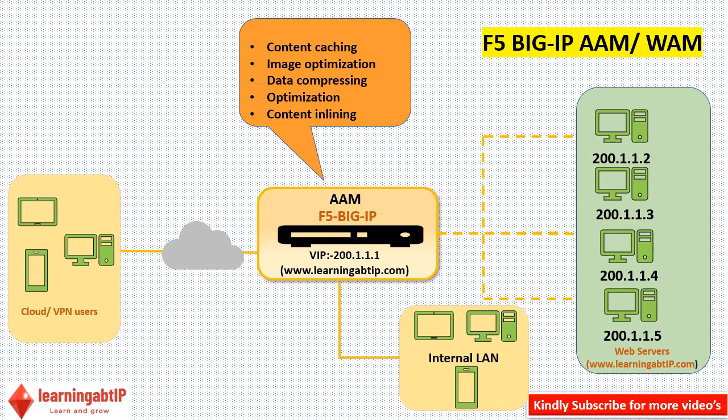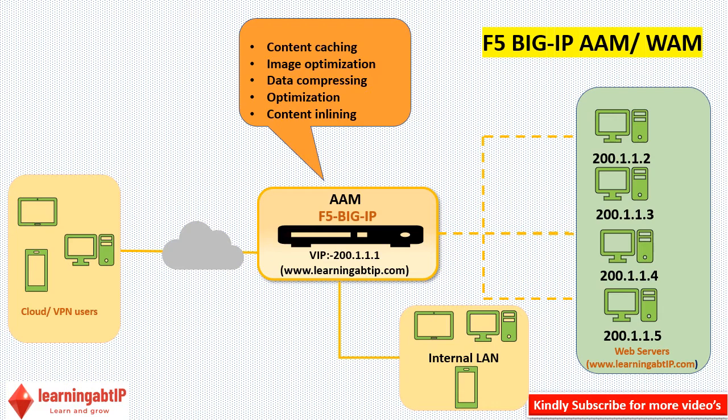The Big IP AAM module helps to increase server capacity through compression offload and caching, improving web application performance by providing content caching and image optimization.